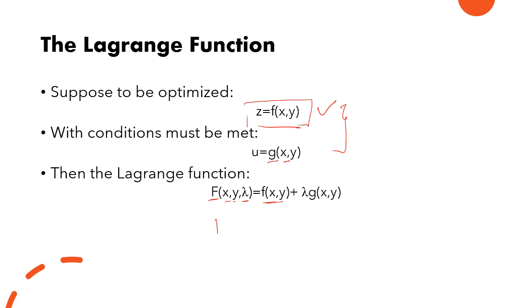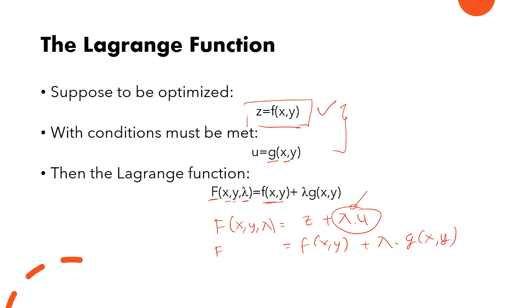So I will rewrite it here: F(x, y, lambda) is actually z plus lambda u. Lagrange thought about this additional function to fill in here, and we now change the z with f(x, y), and here is lambda times g(x, y). So this is what Lagrange has found.